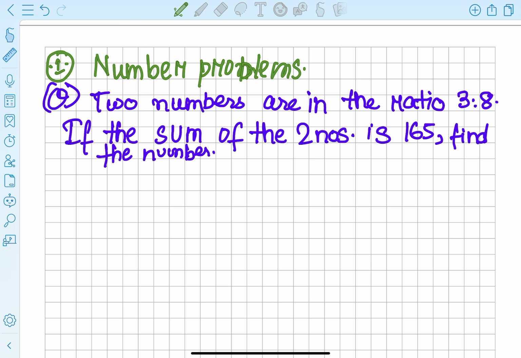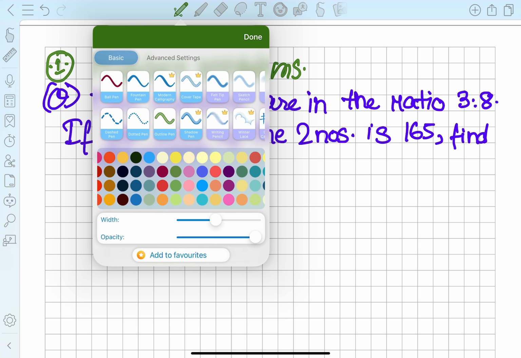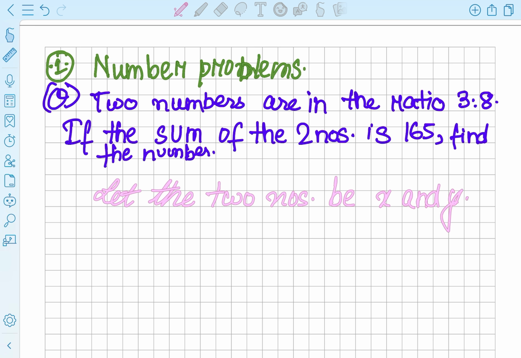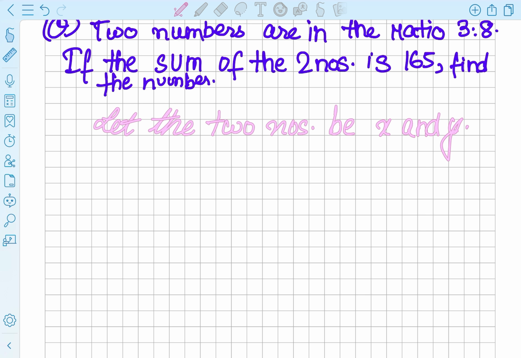Now it's very easy, it's very simple. Let's take a look at it. I have been told that there are two numbers which are in the ratio 3:8. So first I will assume the two numbers be, say, x and y. Now see, it said that they are in a ratio 3:8.